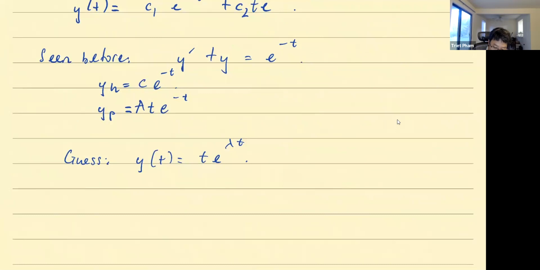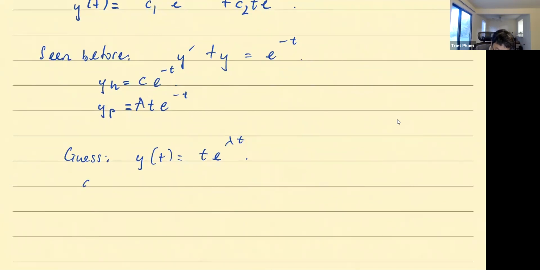First, I have to plug into the equation. The equation is ay double prime plus by prime plus cy is equal to 0. Also, keep in mind the characteristic equation.